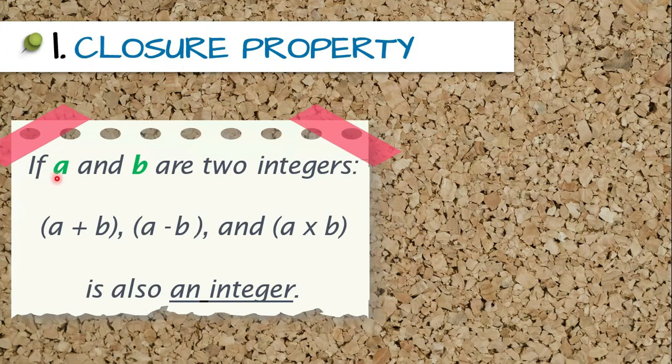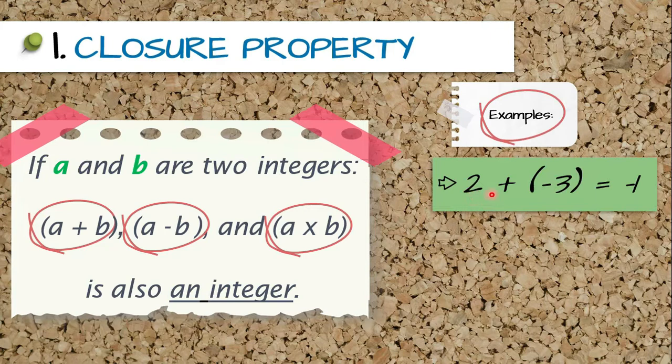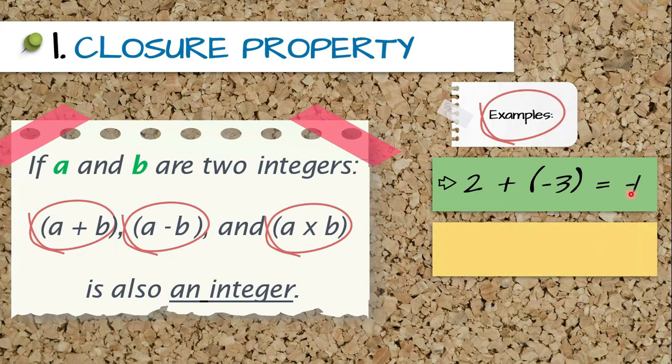It states that if A and B are two integers, if we're going to add A and B, subtract A and B, or multiply A and B, the answer is also an integer. Like for example, first we have 2 plus negative 3, that is equal to negative 1.